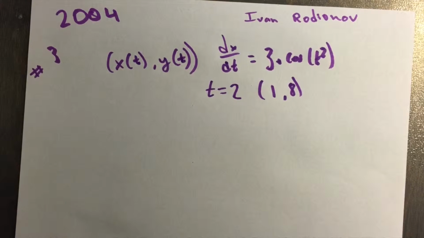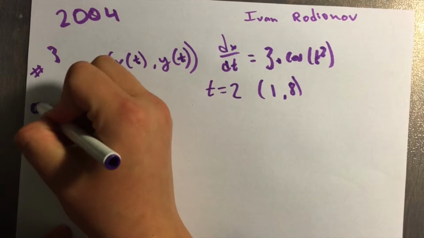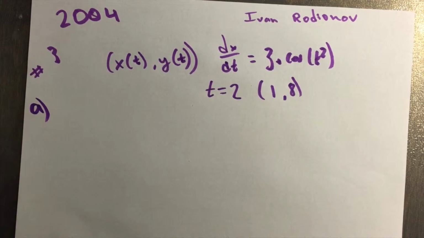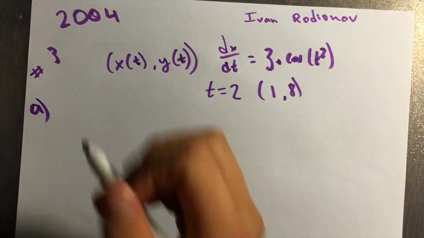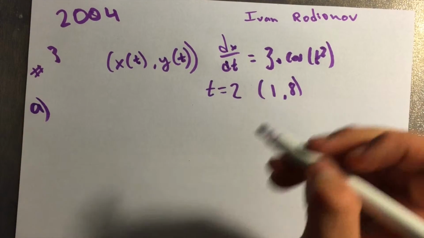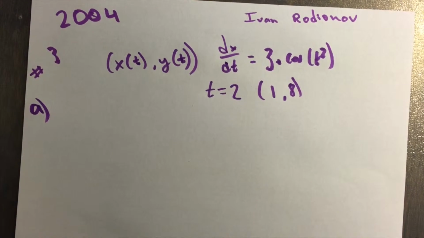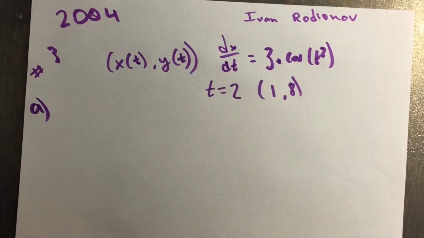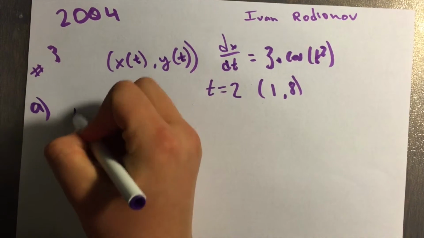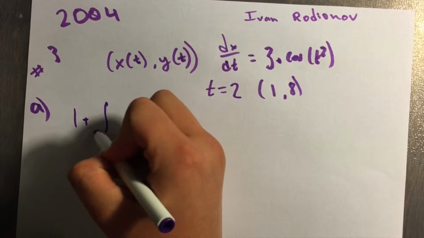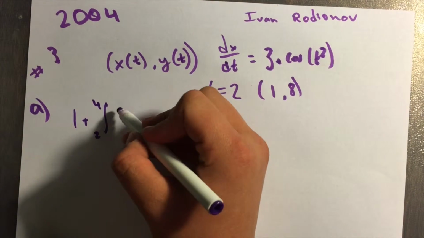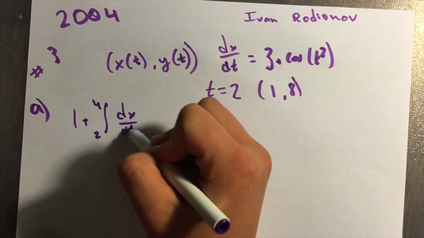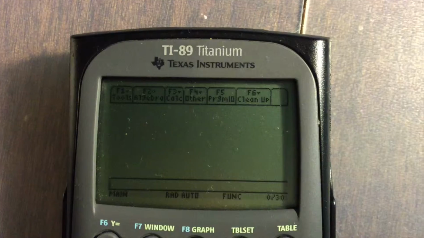The first part of the problem states: find the x-coordinate of the position of the object at time t equals 4. So we must add the displacement of the dx/dt function to the initial condition. So we do 1 plus the integral from 2 to 4 of dx/dt.